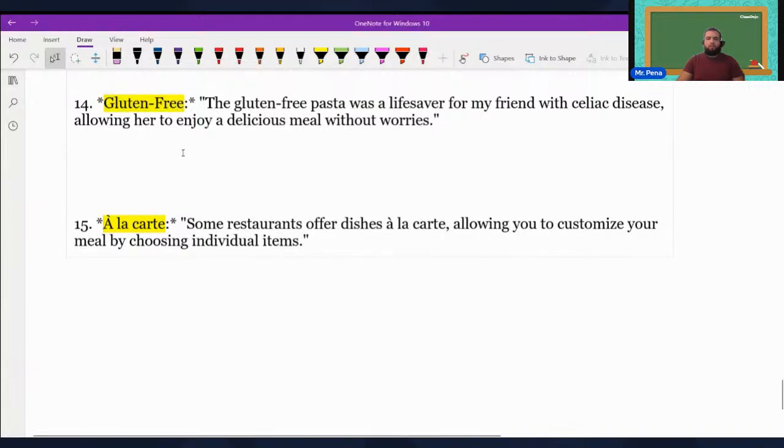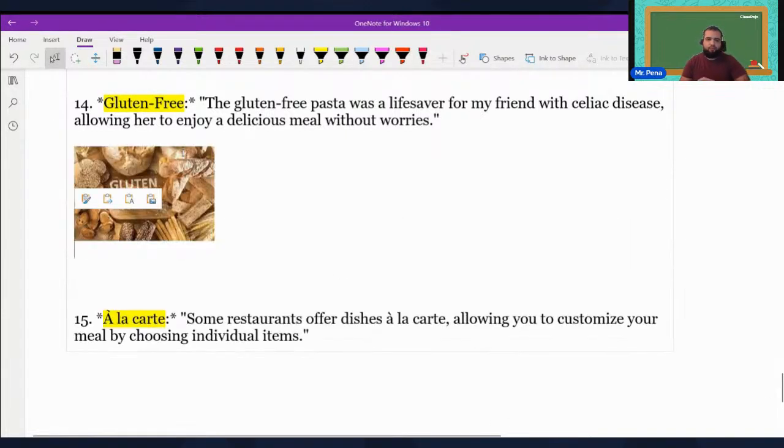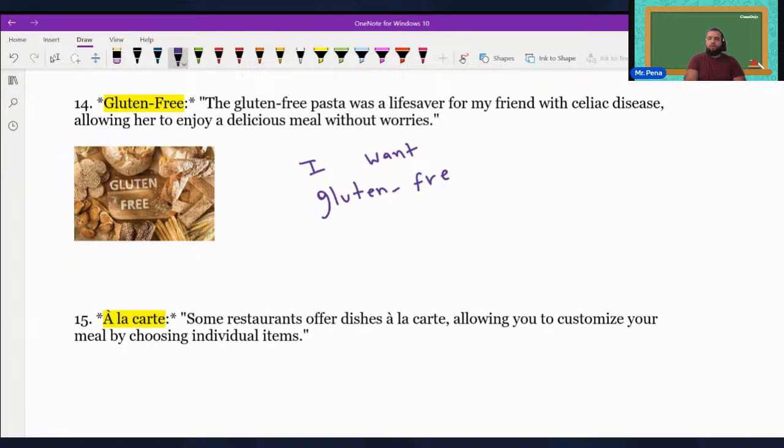Gluten-free is food without gluten. I want gluten-free food. I want gluten-free food. Very good.